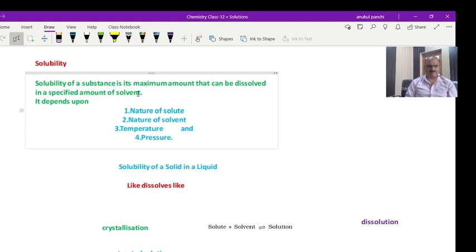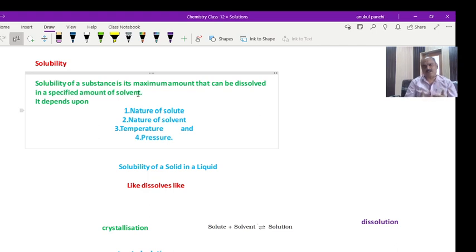Let us take an example. We can take water in a beaker. Like I take 100 ml water. I have a solute like sodium chloride, common salt. I put 1 gram NaCl in 100 ml water. Stir it slightly, it dissolves. I put 1 gram more. Stir it, it dissolves. I keep on doing this. What happens?